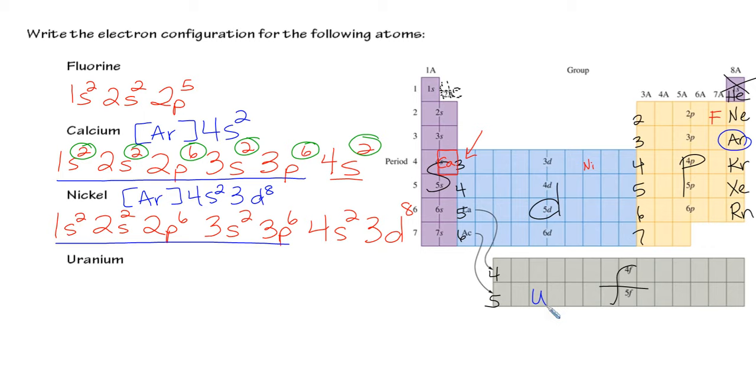The previous noble gas is going to be, oh nice, radon, Rn. That saves me 86 electrons. Ooh, I like that. Now if you wanted to, you can go crazy and go from 1s2 down to whatever. But not for me. I'm taking the shortcut on this one.